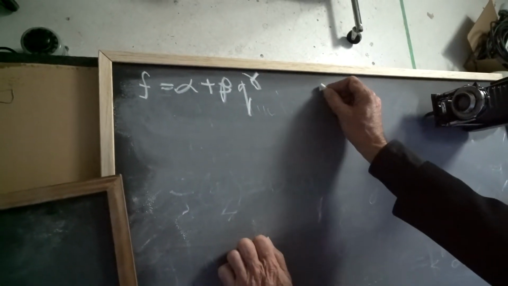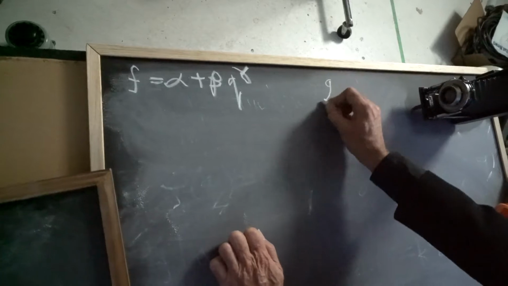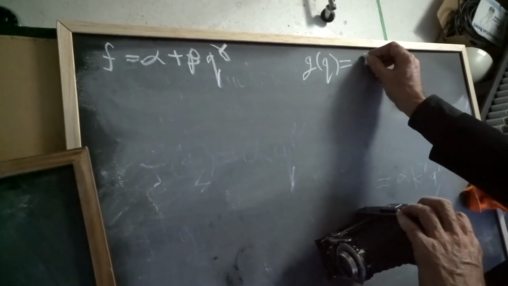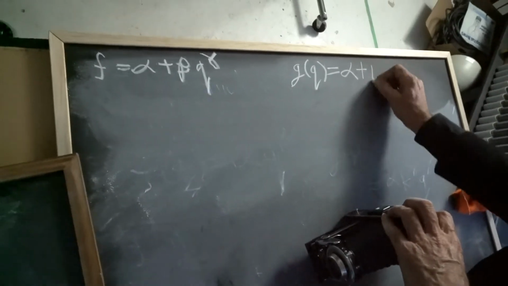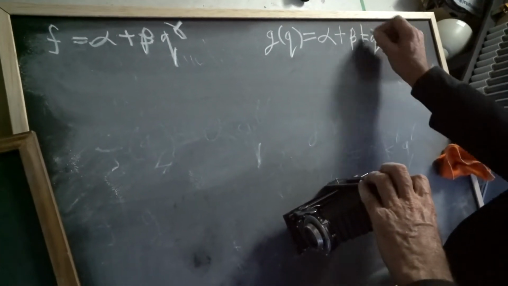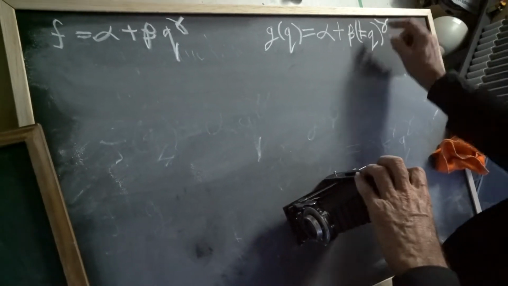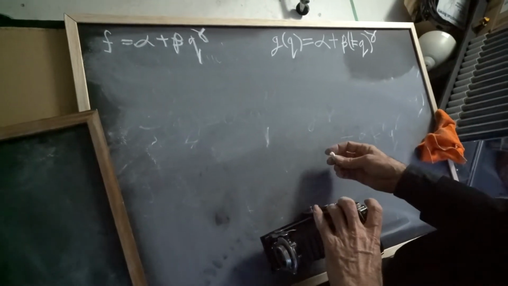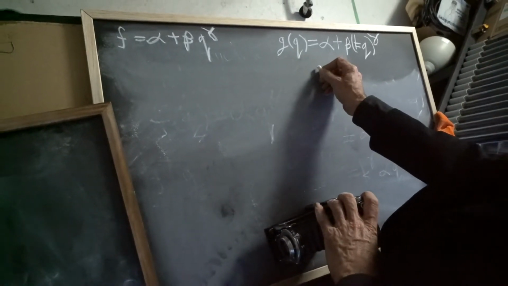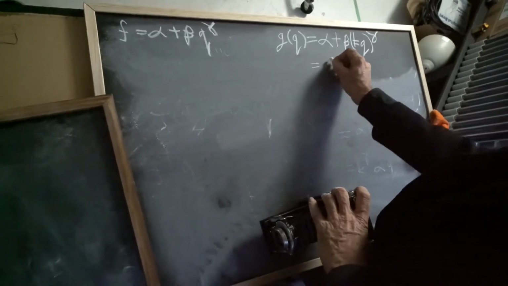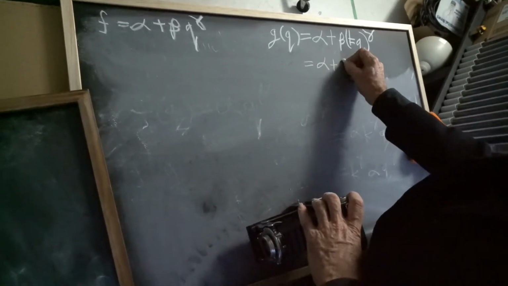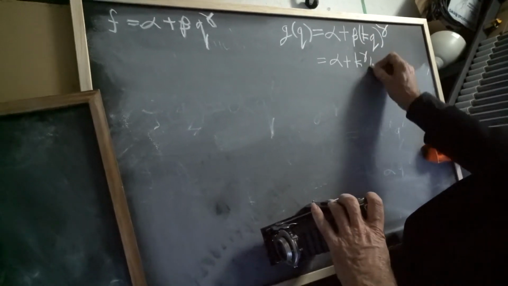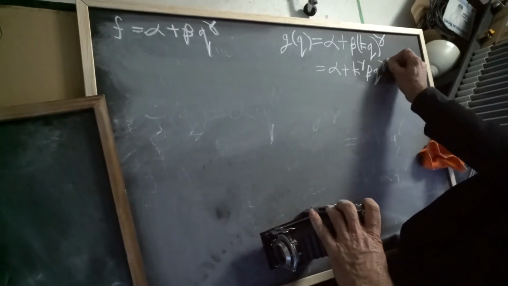And then over here on this side, I've got g of q equals alpha plus beta k q to the gamma. So we just substitute in, q becomes kq. So now if I look at this, this is equal to alpha plus k to the gamma, it's multiplied inside, times beta q to the gamma.